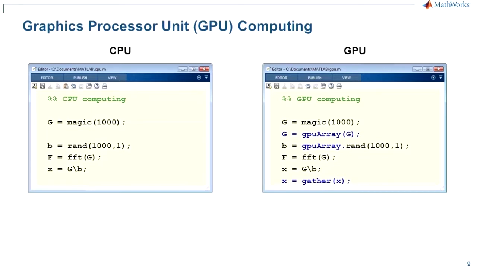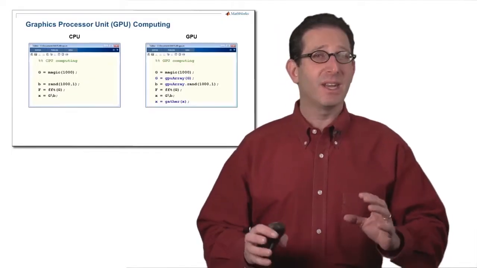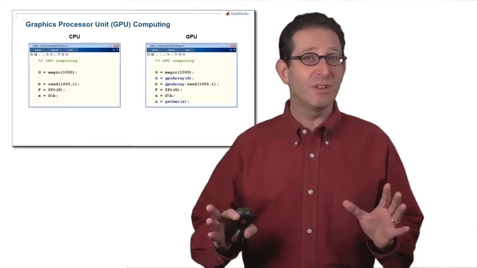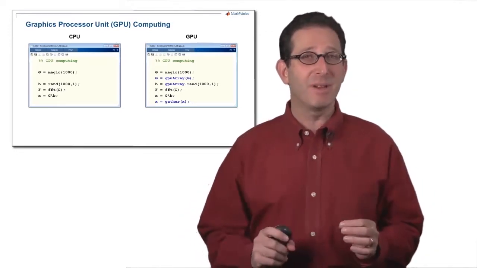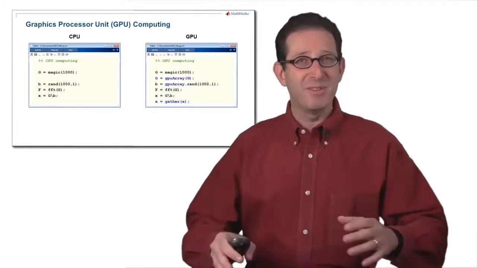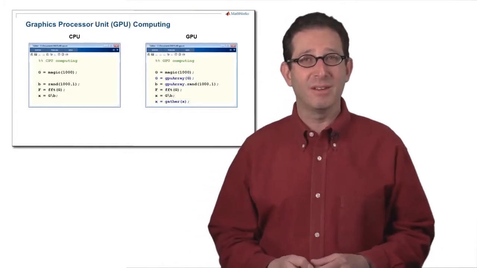So very little code changes. You don't have to learn about the intricacies of setting up CUDA and all the issues behind getting a GPU to work. Just a little bit of MATLAB code to decorate your algorithm, and you can get great results here.